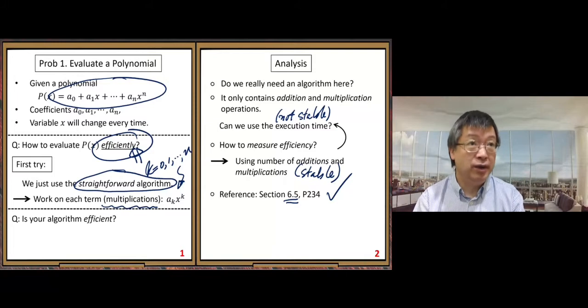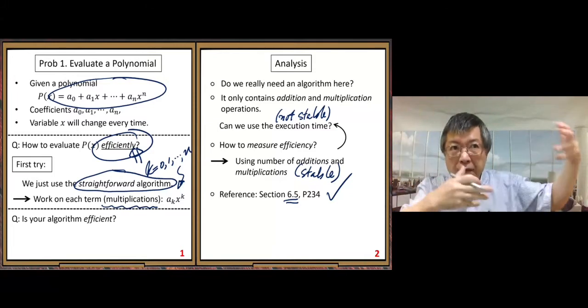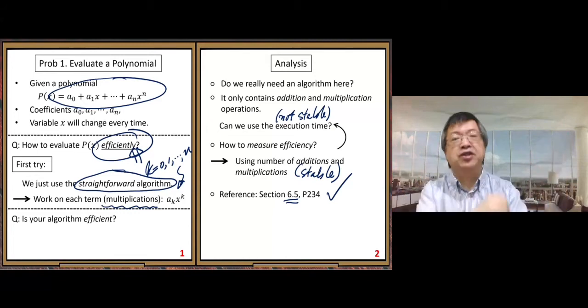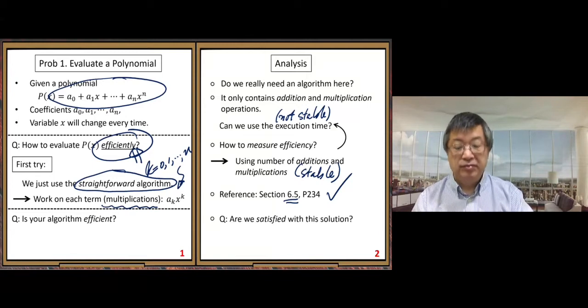We need to do a lot of work, develop a lot of things before we can answer this question. Next question. Are we satisfied with this solution? That's another question not easy to answer.